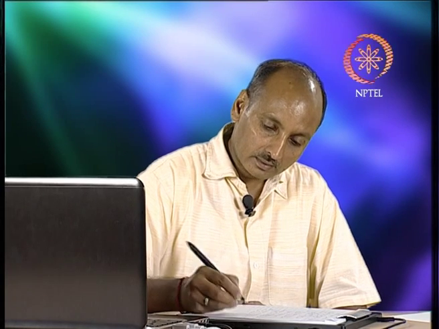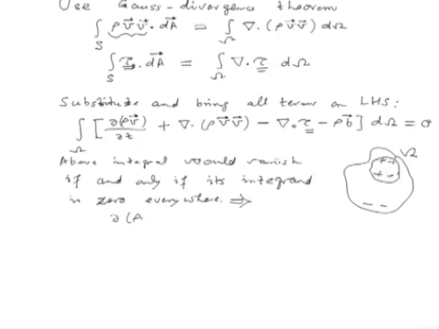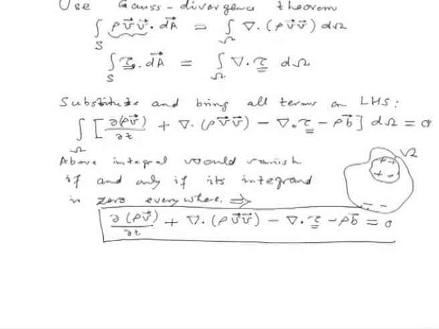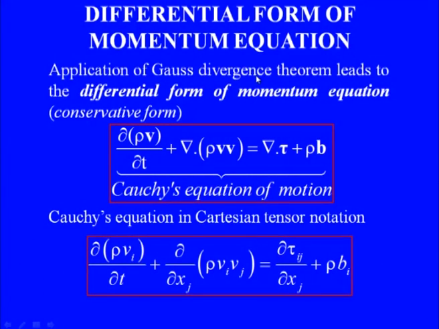This implies that del of rho v over del t plus divergence of rho v v minus divergence of tau minus rho times b should be equal to 0. Now, we can just redistribute the terms and obtain the differential form of the momentum equation.